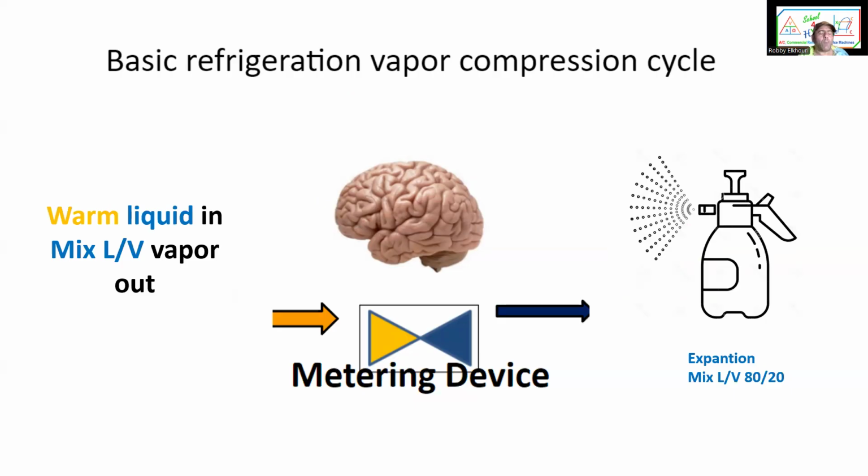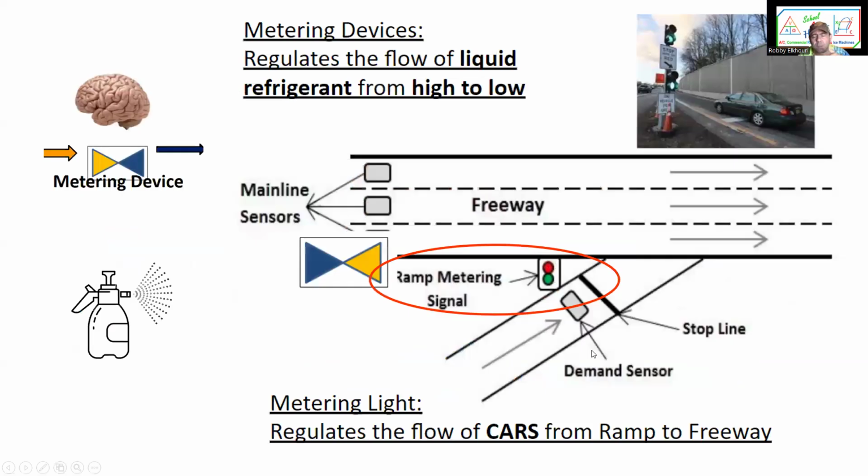Well, the metering device's job is to regulate the flow of the refrigerant. Every time you do expansion, like every time you spray a bottle, liquid vapor comes out of the sprayer. We have no choice: about an 80%, 20% mix. The metering device's job is also to regulate the flow of the liquid refrigerant into the evaporator.